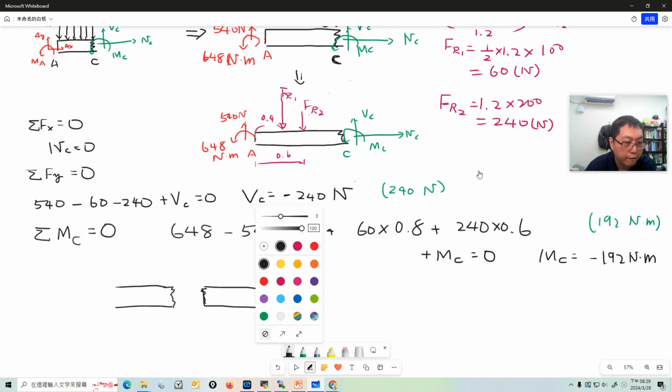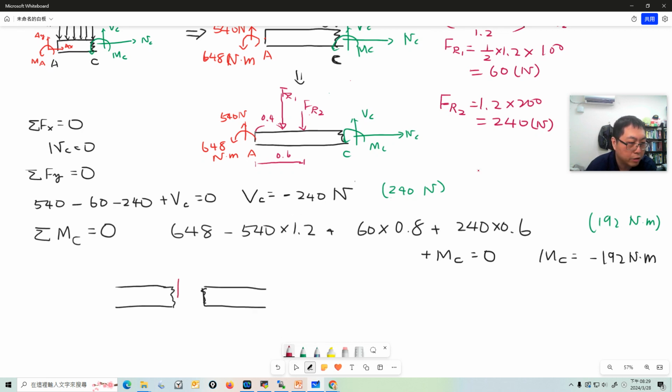If the right hand side is up, the left hand side must be going down, because these two cancel out each other since the whole system is at equilibrium. Same thing if I cut this section and the left hand side is pointing down, the right hand side must be pointing up.